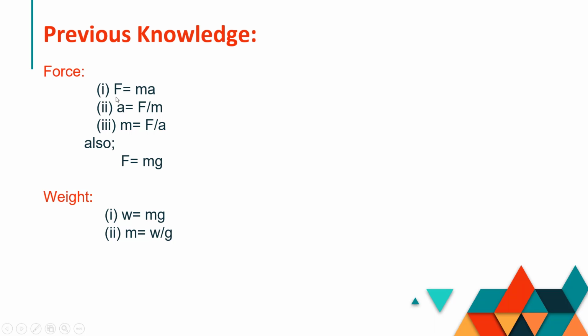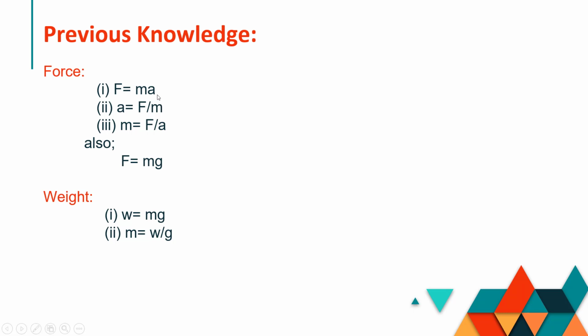As we know from Newton's second law of motion that F is equal to ma, where F is force, m is mass and a is acceleration, we can rearrange this formula into two different ways.